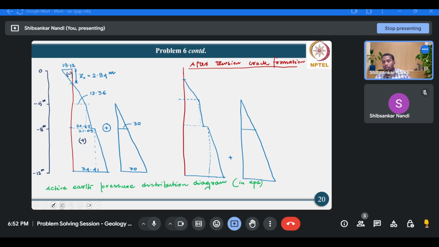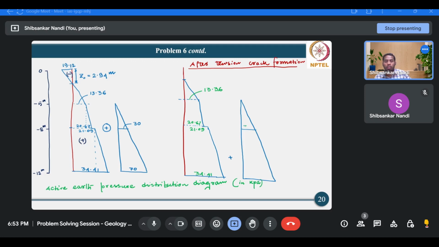Okay. Now we write down the values. This is 13.36. This is 20.67. This is 21.09. This is 34.41.